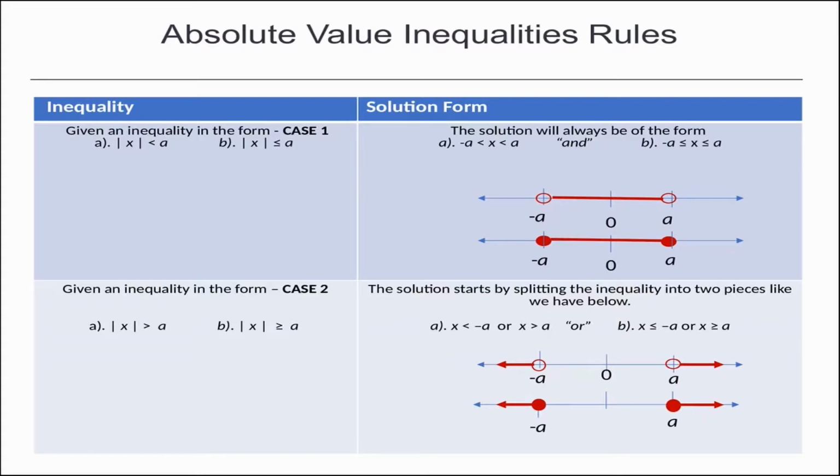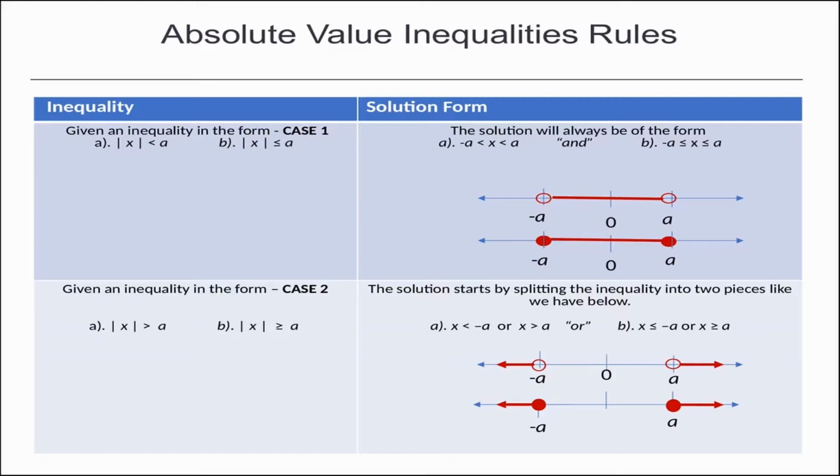Let's look at case 2. Given an inequality in the form the absolute value of x is greater than a, and a is some constant, or the absolute value of x is greater than or equal to a, the solution will follow this form. Now we start by splitting the inequality into two pieces, like what we have below.